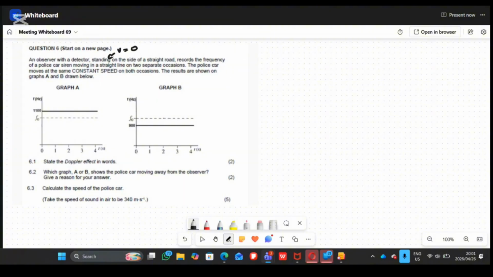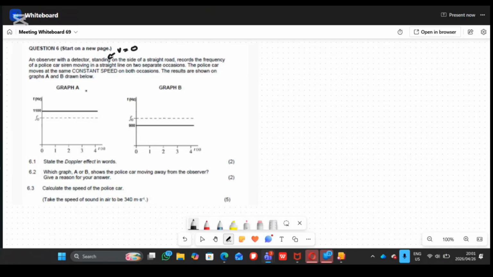The police car moves at a constant velocity. Its velocity is not changing. They just said constant velocity on both occasions. And then the results are shown on graph A and B below.